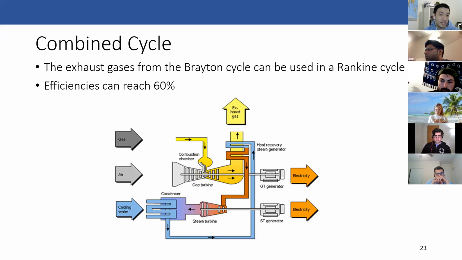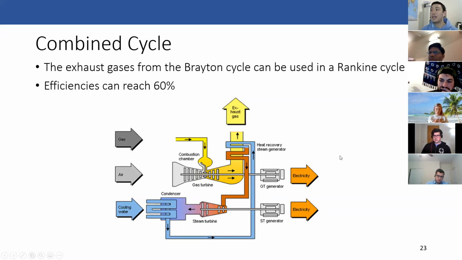And so in this case, you've got your Brayton cycle up here with the gas turbine, and your hot exhaust gases are then heating up the water in this system to send steam through your steam turbine. Then you've got the similar system with the condenser here and then cycling through.